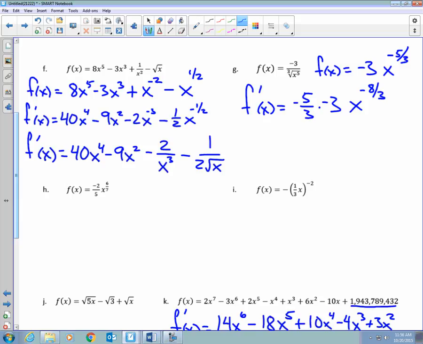You were focusing on the front, Hannah. We were still subtracting 1 from the exponent. So I brought the negative 5/3 up front, and then negative 5/3 minus 3/3 is negative 8/3.